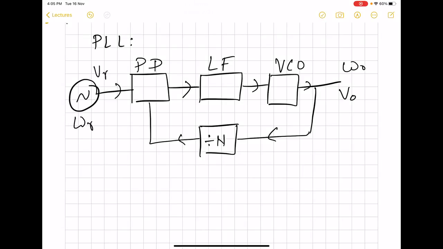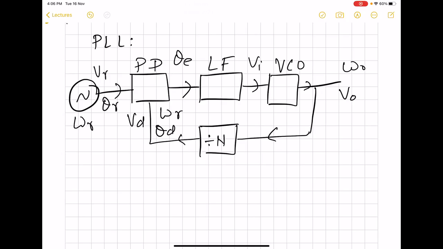And then from the divider we will have frequency omega d or voltage VD, and here we will have the phase error. So we can label all these in terms of phase also, because it is this quantity which will be responsible for producing a voltage ultimately, which will be fed to the VCO.